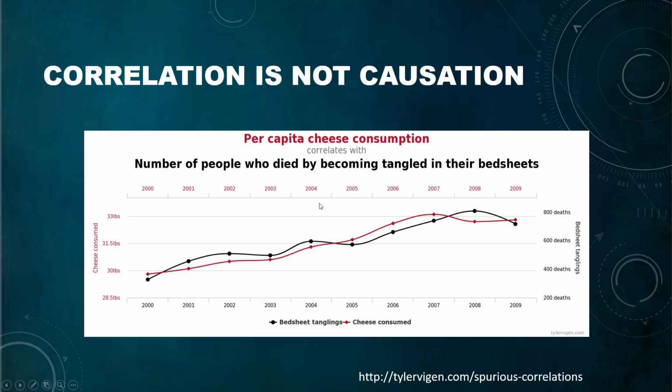The conclusions are obvious. They're obviously connected. Of course, that's completely ridiculous. What's happened here is that cheese has this curve, and people dying tangled in bed sheets have this curve, and they've simply lined up the axes so that they match. And you'll see a lot of graphs like this.